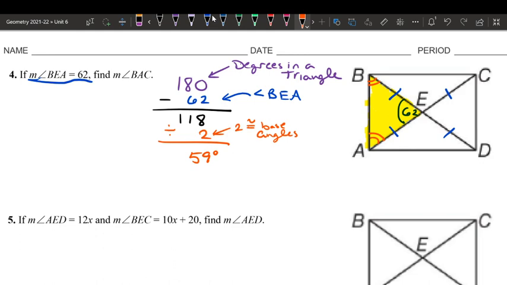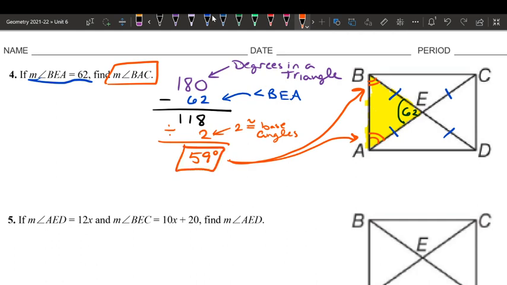So that tells me that both of these angles are 59 degrees. So the measure of BAC is 59 degrees. So sometimes, when dealing with rectangles, you'll be asked about isosceles triangles.